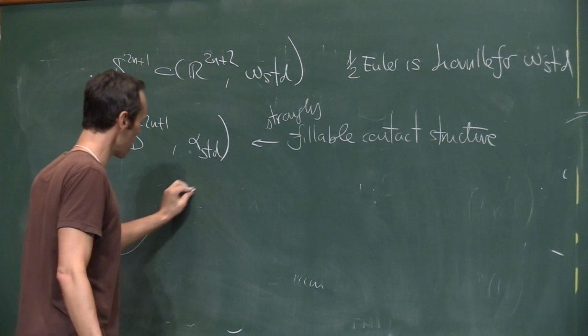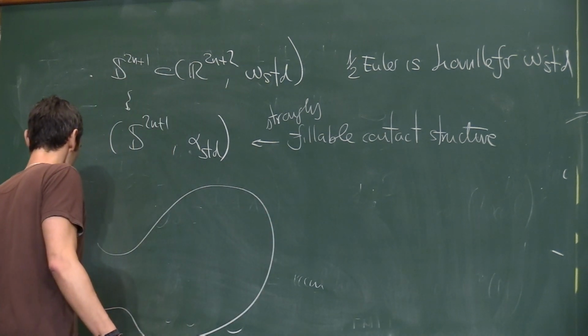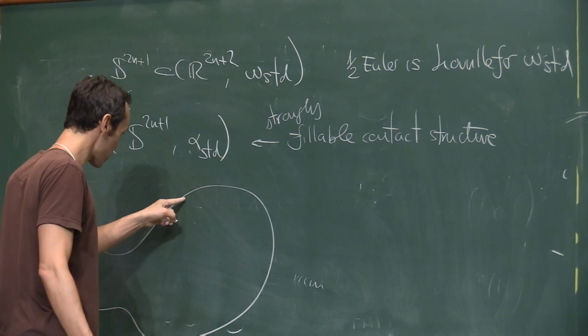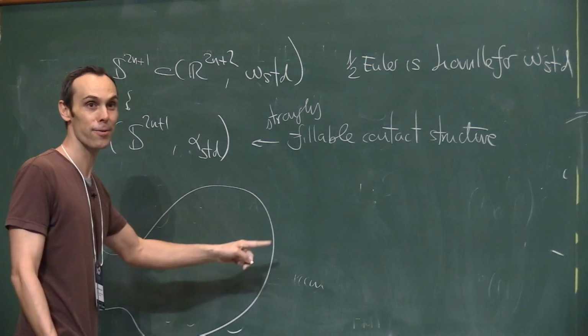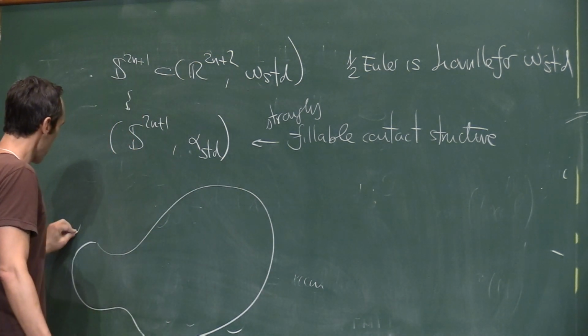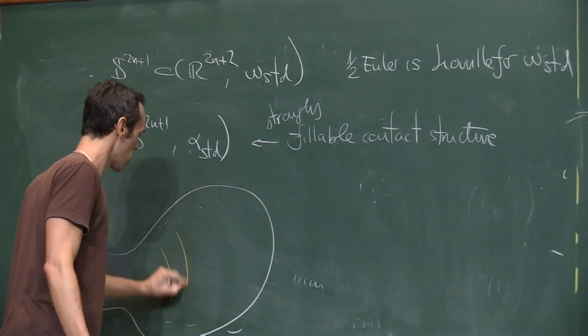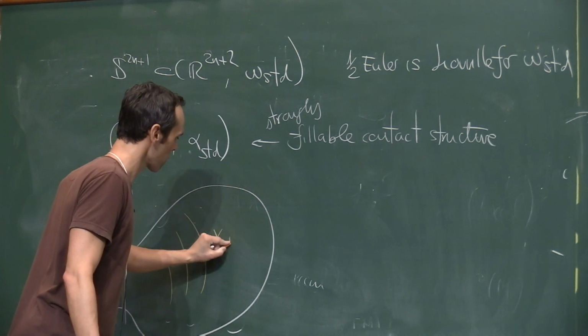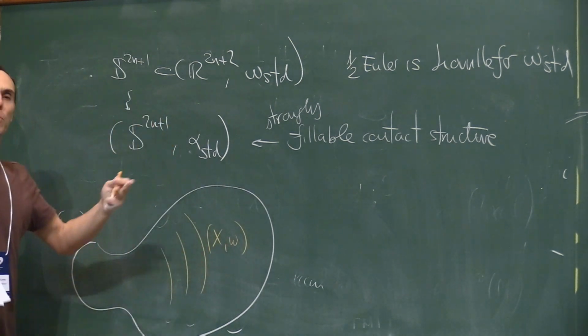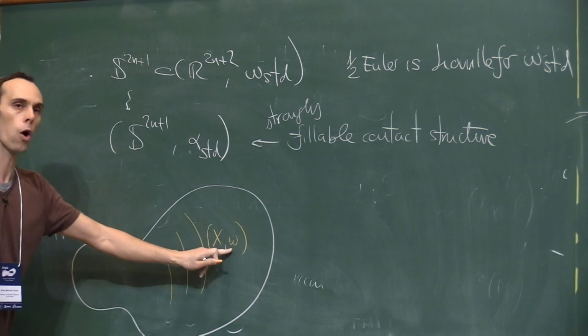So you have your contact manifold, (M, ξ), and this contact manifold should bound a symplectic manifold, and there should be some sort of compatibility between omega and alpha.